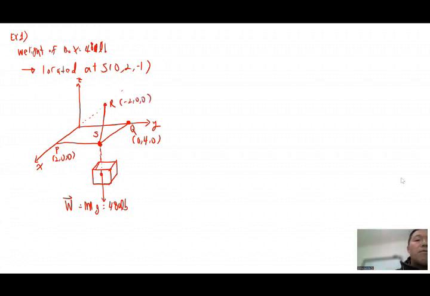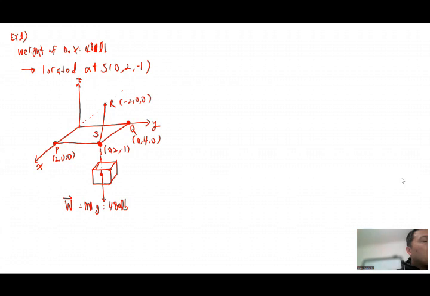So the 3 points hold this point S, which also holds the box of 480 pounds. Point S is (0, 2, -1).